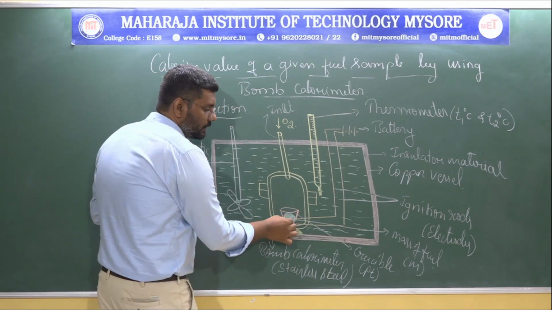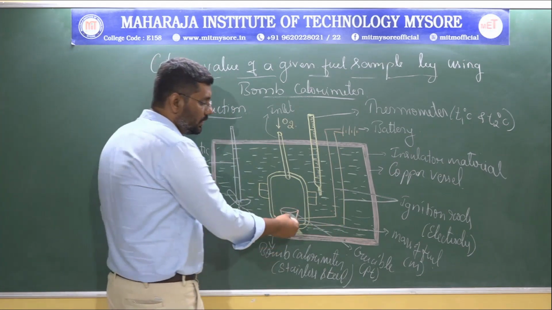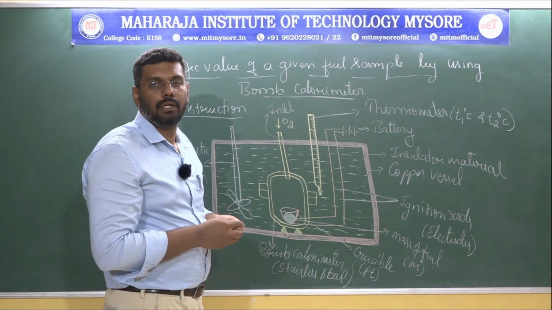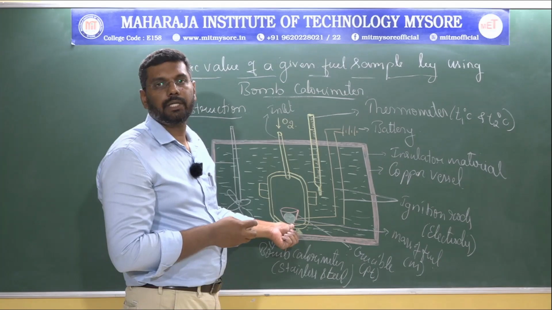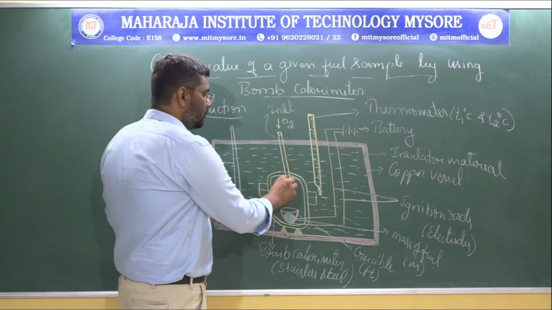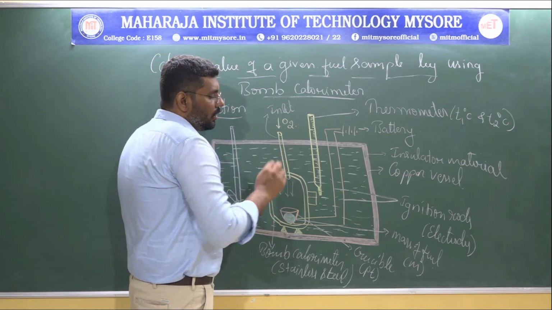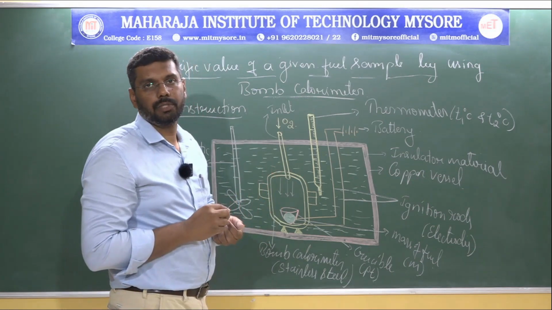We supply electricity through these electrodes to ignite this fuel. Only in the presence of electricity the fuel will not get ignited. The major component required for ignition of any fuel is oxygen, so we supply oxygen through the inlet provided in the bomb calorimeter.